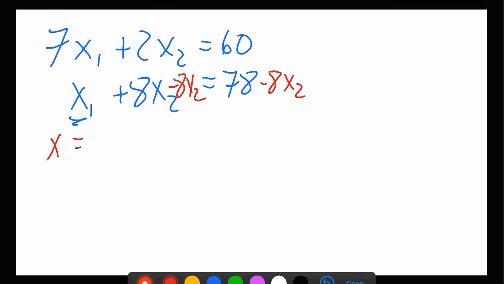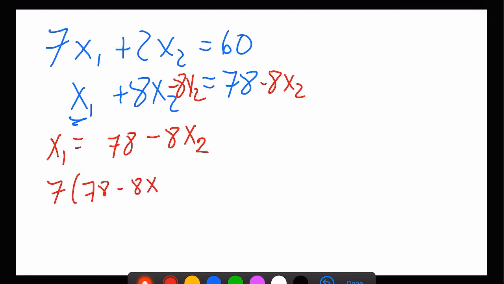So x1 equals 78 minus 8x2. All right? So now I take 7 times 78 minus 8x2 plus 2x2 equals 60. We good? So 7 times 78, I know you're like, why did you do that? Well, it's good for you.